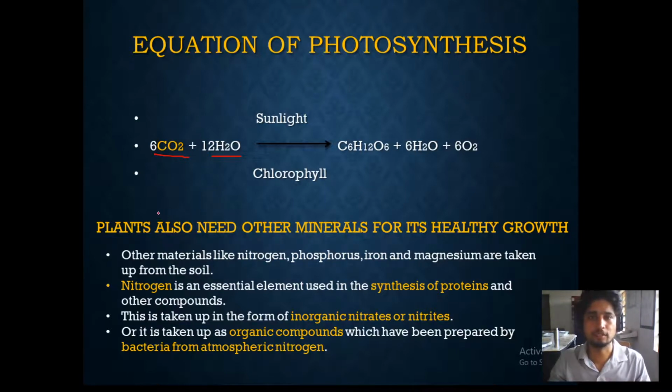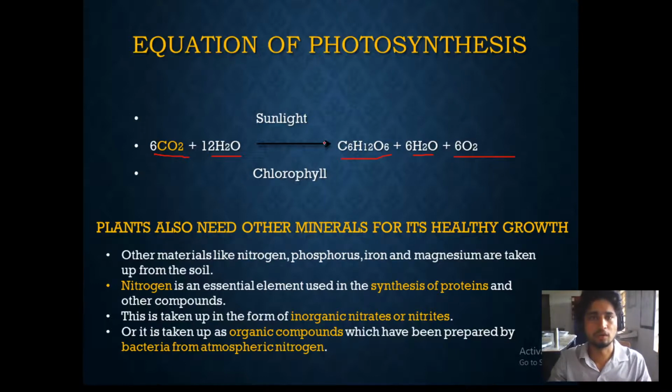Xylem transports the water from the roots to all parts of the plant. So this water, which is absorbed in the roots, is taken up to the leaves by these xylem vessels. So carbon dioxide and water form carbohydrates. These carbohydrates are a source of energy, and it also forms oxygen as a byproduct and water.